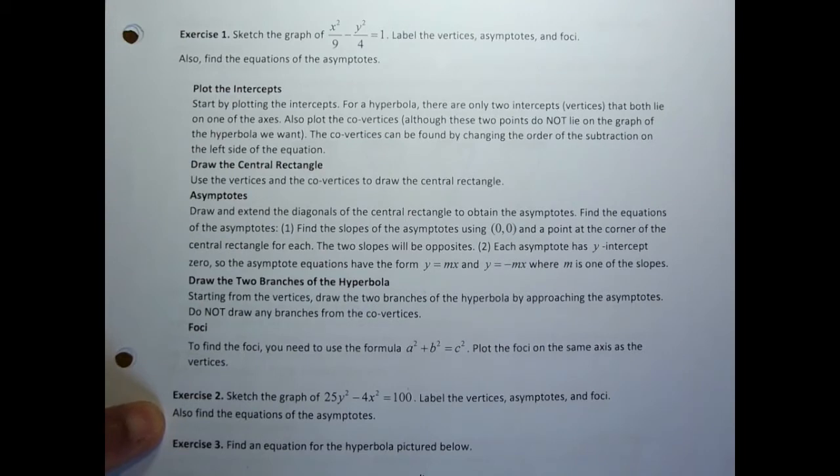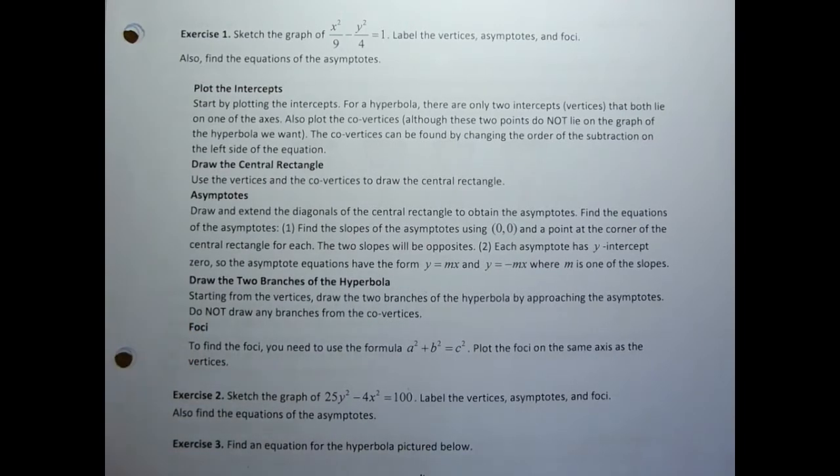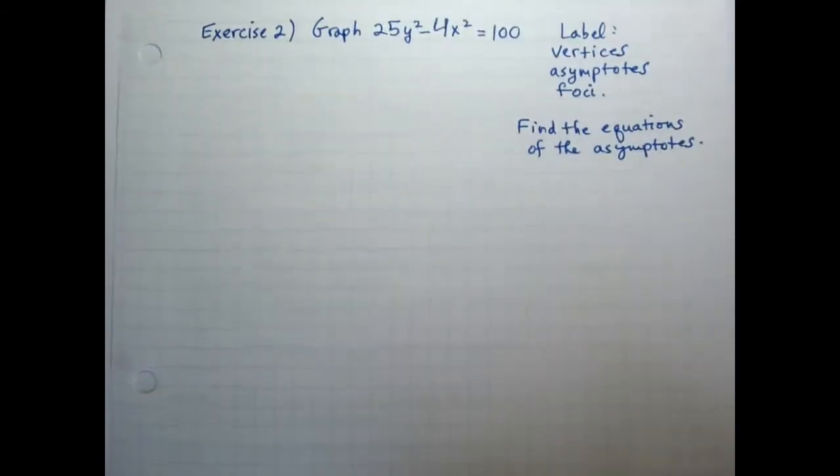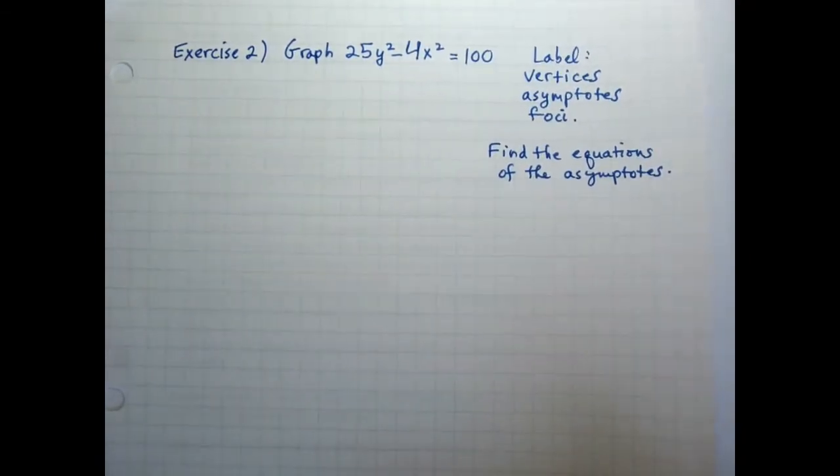So if you want a summary of this process, take a look at that. Plot the intercepts, draw the central rectangle, asymptotes, draw the branches and the foci. That kind of breaks down the process that we're going through right here. So exercise 2 on that handout, I've written out here in a separate sheet.